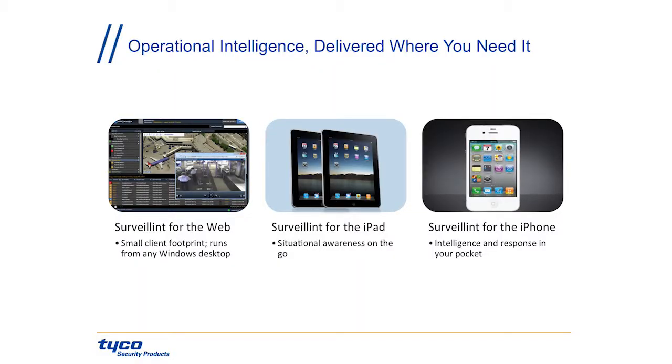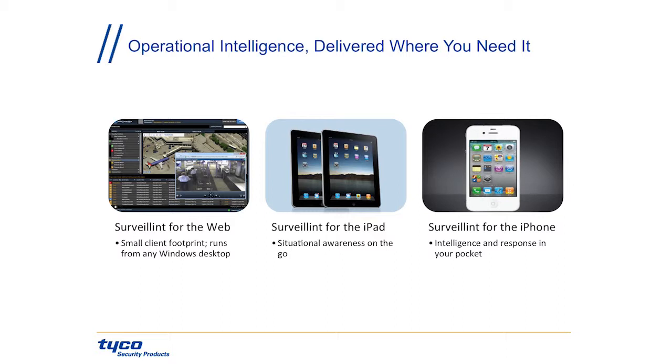Surveilint is available for a number of different platforms. It's enterprise software built on Windows using Windows technology. In addition, we have Surveilint for the web, which can run on any web platform. We have Surveilint for the iPad for mobile users and users on the go who need to access Surveilint information.